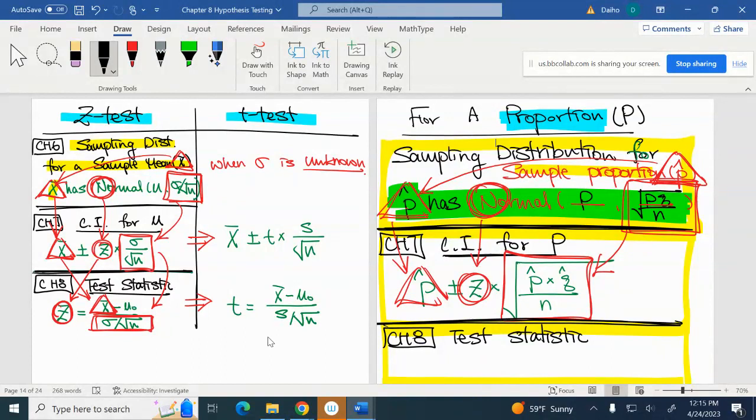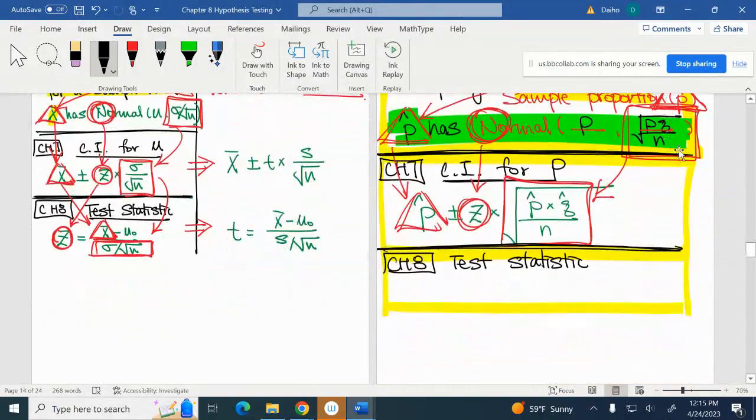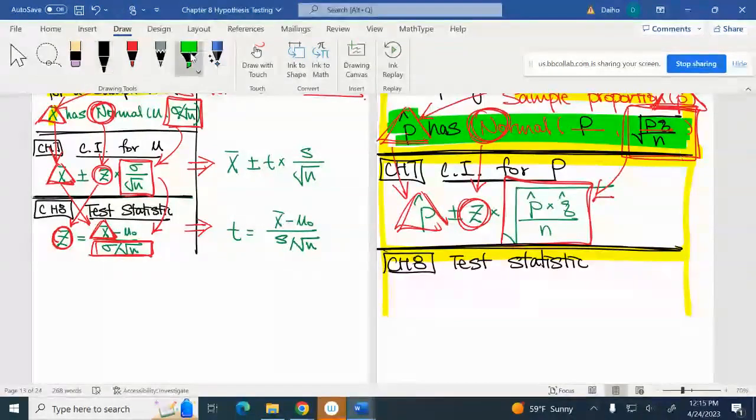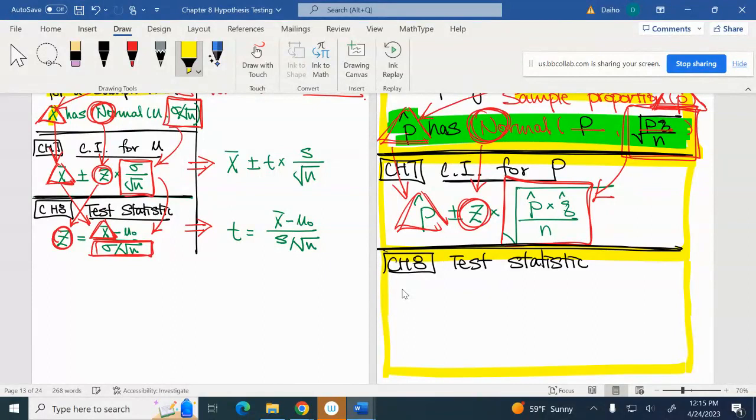Any question? Okay, today we are going to take the test statistic, chapter 8. What do you expect? Is it a T-score or a Z-score?